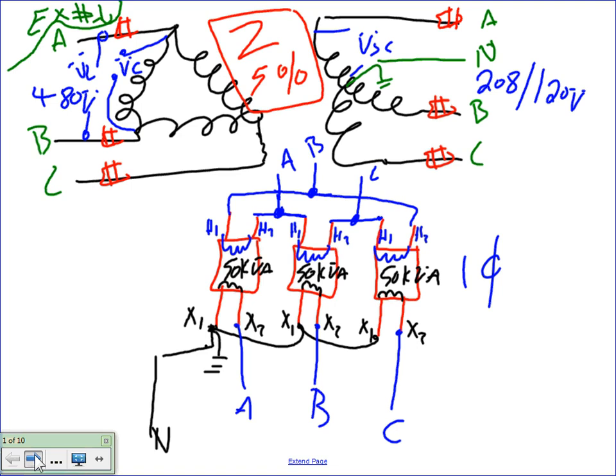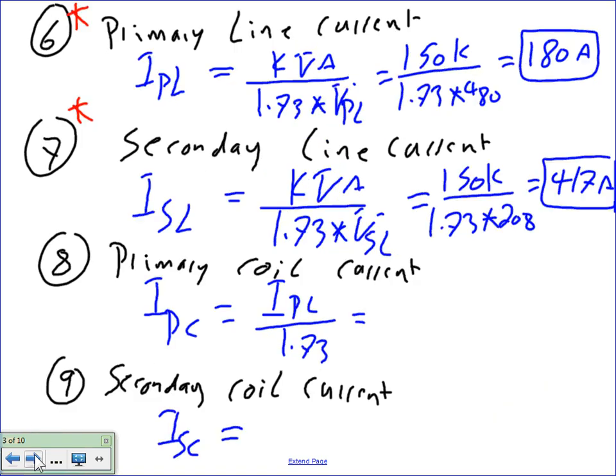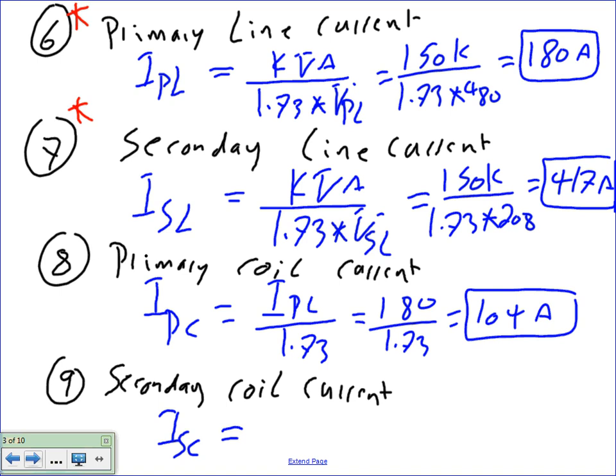Okay, so let's go down quick here and size this. It's a piece of cake, the formula is always there. I need the line current, which is 180. Divide this by 1.73, and if I did this math right, you end up with 104 amps. 104 amps. Same thing for the secondary coil current.